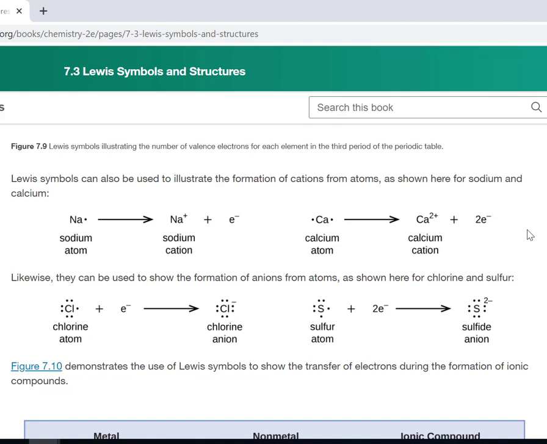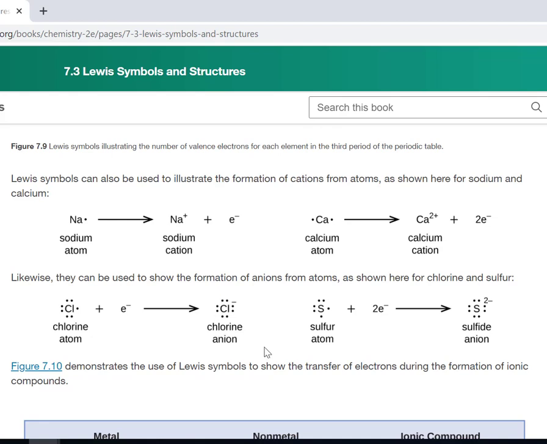We could do kind of the opposite for a nonmetal gaining electrons. So we're showing those down here, where we start with the Lewis symbol, I should say, for an atom. We show it gaining electrons. Here we gained 1 electron. We have 1 more dot at the end to show that we've gained an electron and ended up with 8 electrons.